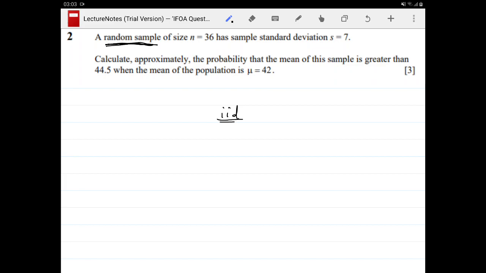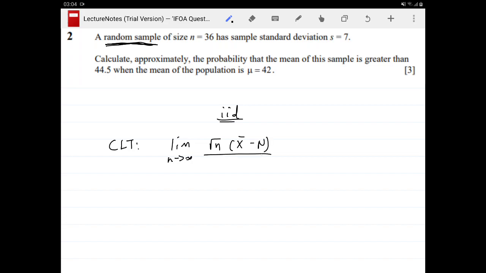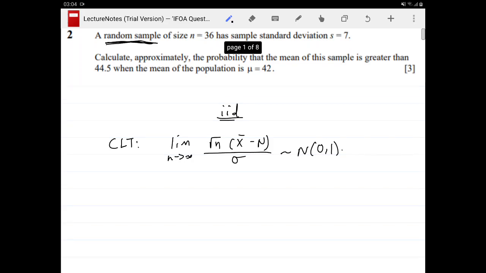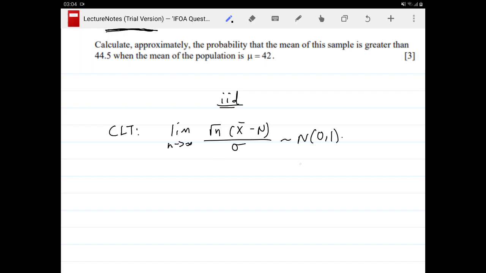So it's good to go over what the central limit theorem says. The central limit theorem says that the limit as n goes to infinity of root n times (x bar minus mu) over sigma is approximately normal 0, 1. In this case, we have most of the information we need for the statistic.